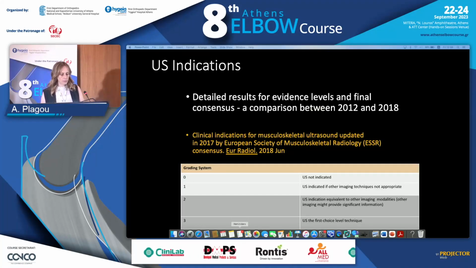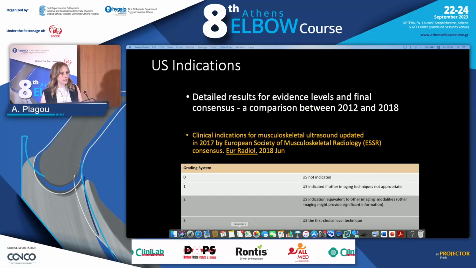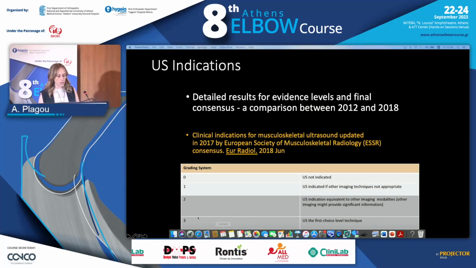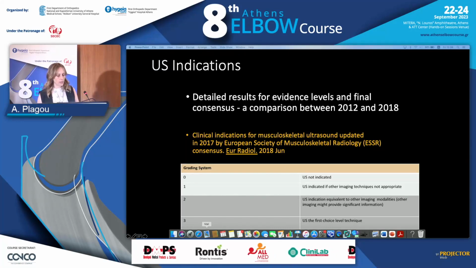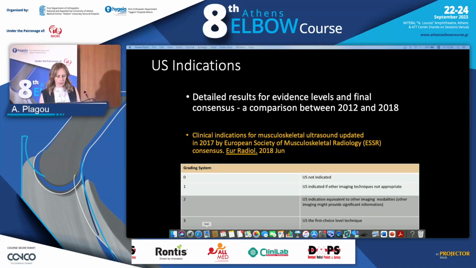So we summarized the indications of ultrasound in 2018 in the European Society of Skeletal Radiology. I was part of this group, and what we tried to do is to actually classify where ultrasound is indicated. So 0 is when ultrasound is not really indicated, and 3 is when ultrasound is the gold standard.